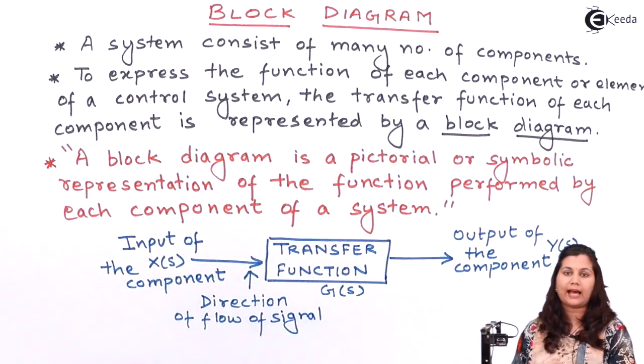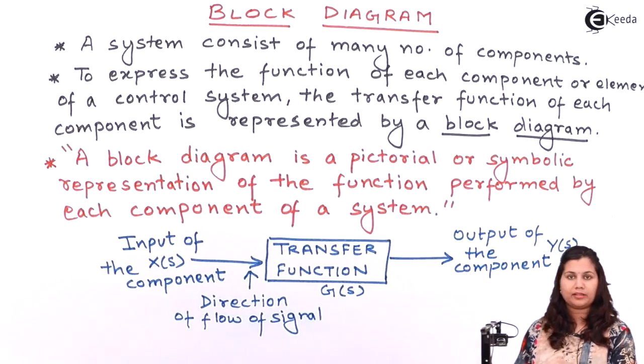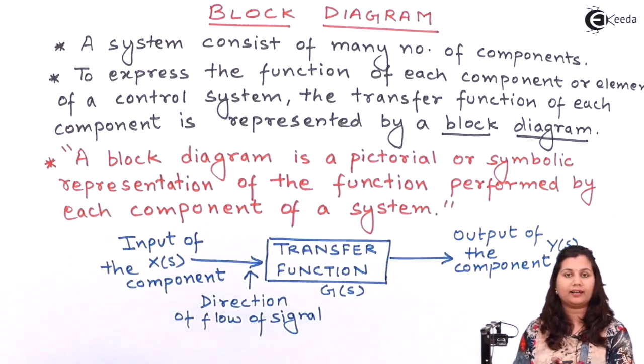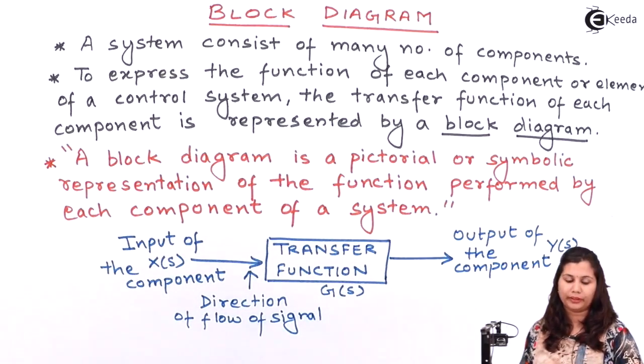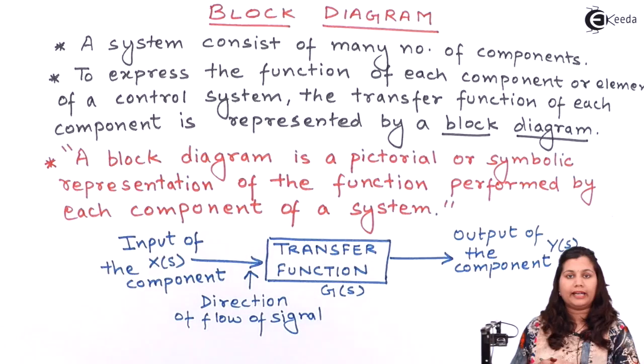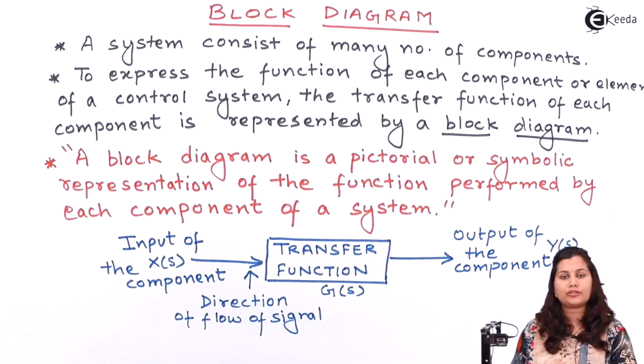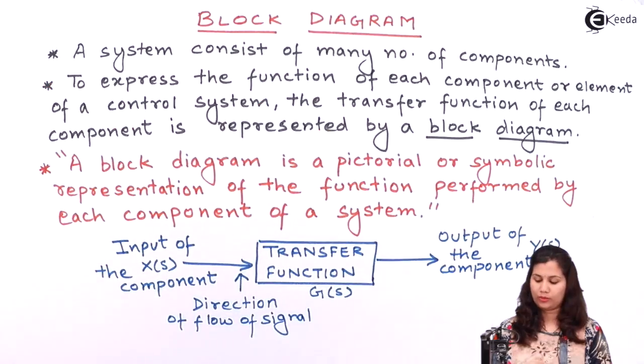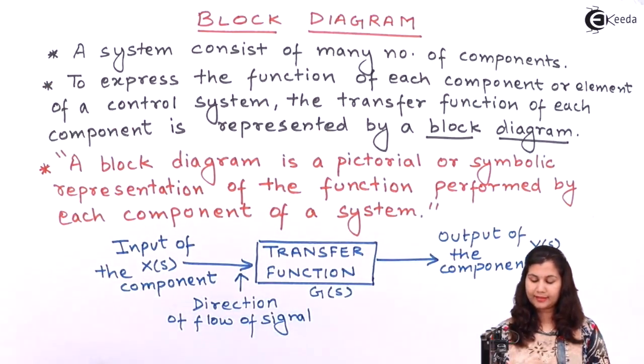Now a system has many components. So such block diagrams are connected together to form the block diagram of a system. The transfer function of every component is written in the corresponding block. Now we have seen that this is the block diagram of a component.